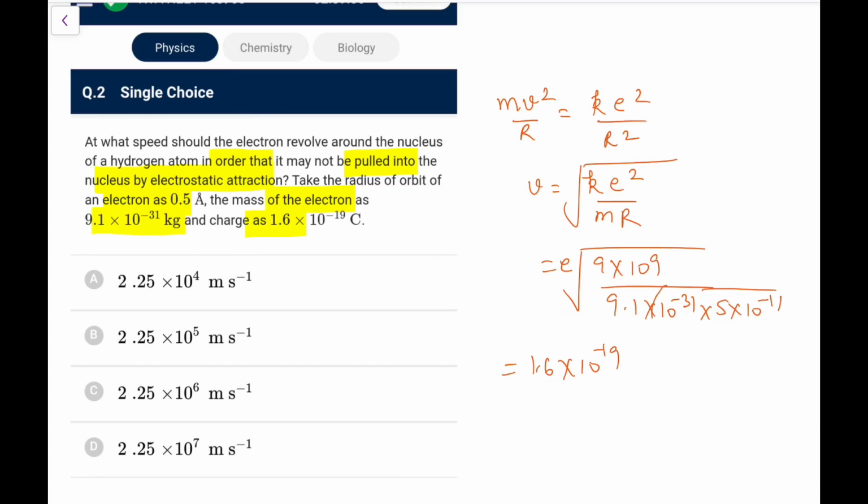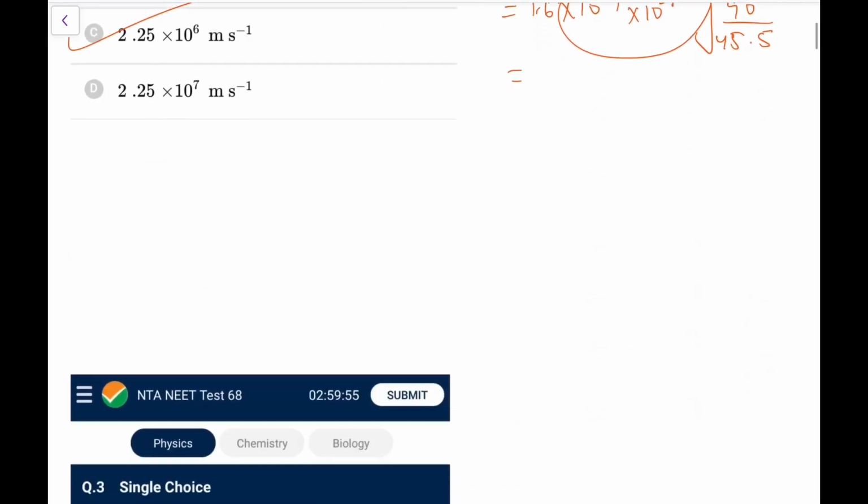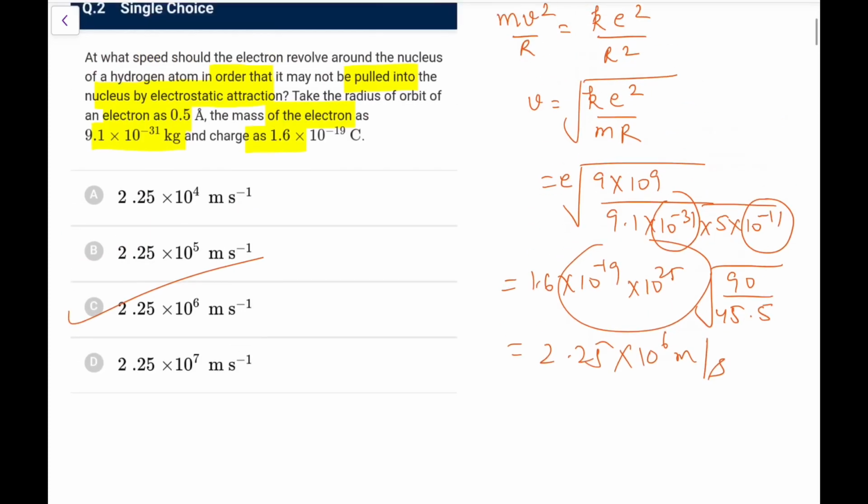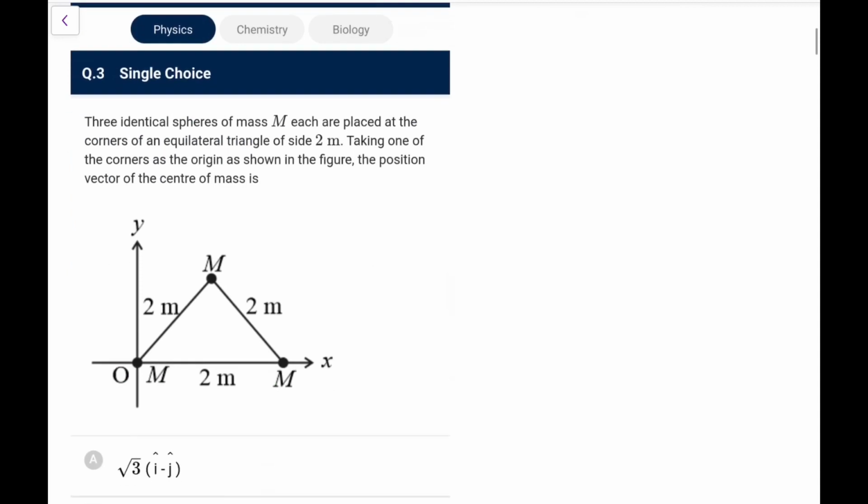Taking the powers 31 and 11, 42 and 9, 51, I take 10 to the power 25 out and 10 remains, so it would be 90 upon 45.5. Approximately root 2 into 1.6, that is 1.6 into 1.4, so it would be 2.25. You just have to check the power, and the power is 10 to the power 6, so go for option C. I should write it completely: 2.25 into 10 to the power 6 meter per second, because those students who will be receiving the PDF should get the answer. So I am writing it.